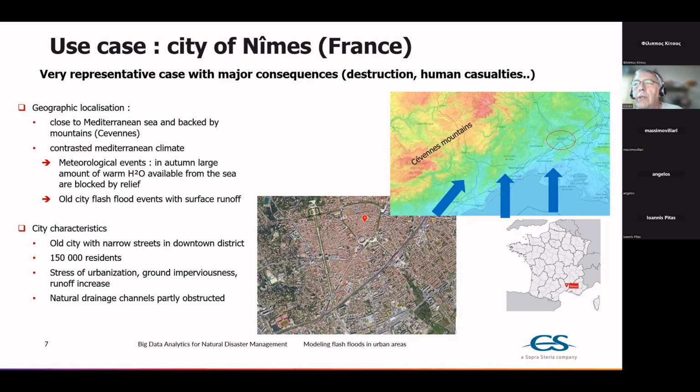It was a very dramatic event, not only for the city but for the region. They started to build new infrastructure from that date. And now it's proof that it's effective, because we still have precipitation, but usually no such damage and no loss of human life.